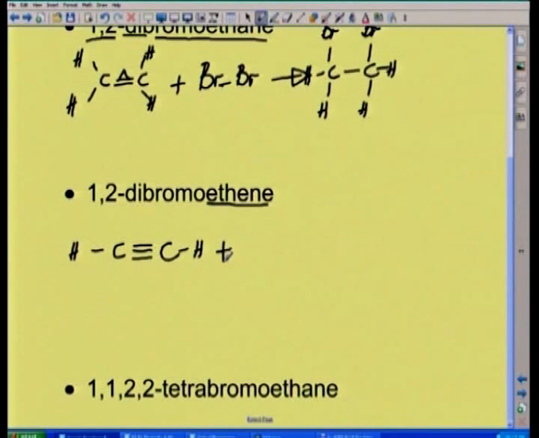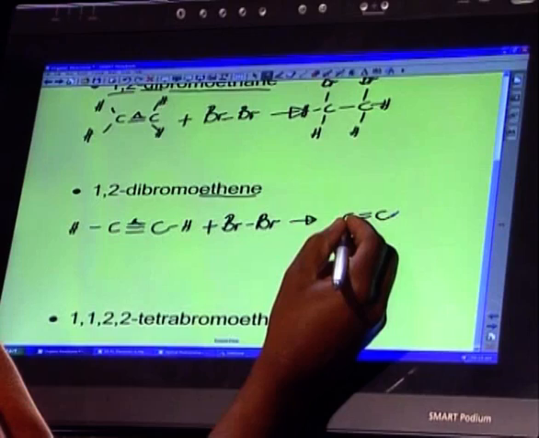Now, if I introduce bromine here, Br2, what is going to happen? One of the bonds breaks up. So what I have now is a double bond between carbon atoms.